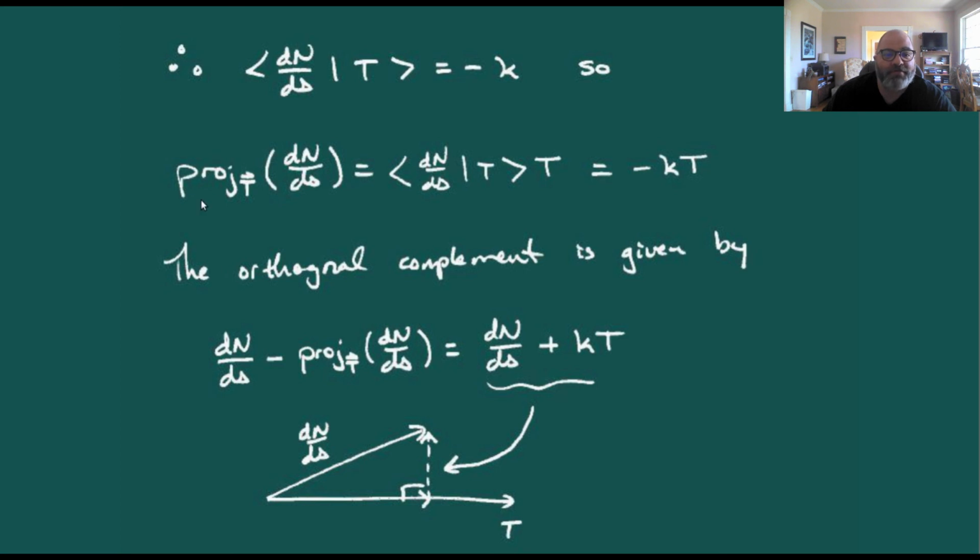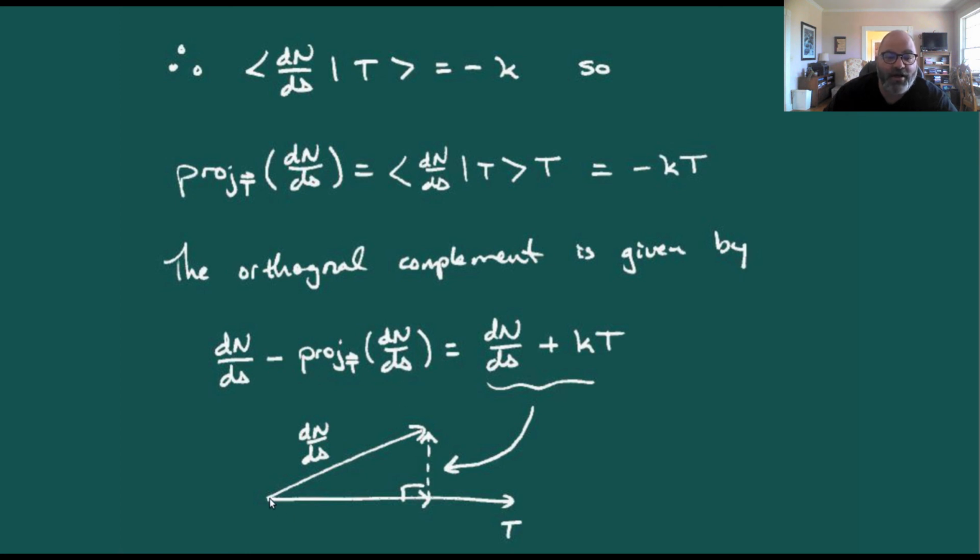So the projection onto the unit tangent of the derivative of the unit normal is just negative the curvature times the unit tangent vector. Now, we don't really know what this vector dN/ds is, but we can talk about its orthogonal complement, which is nothing more than the vector minus its projection.